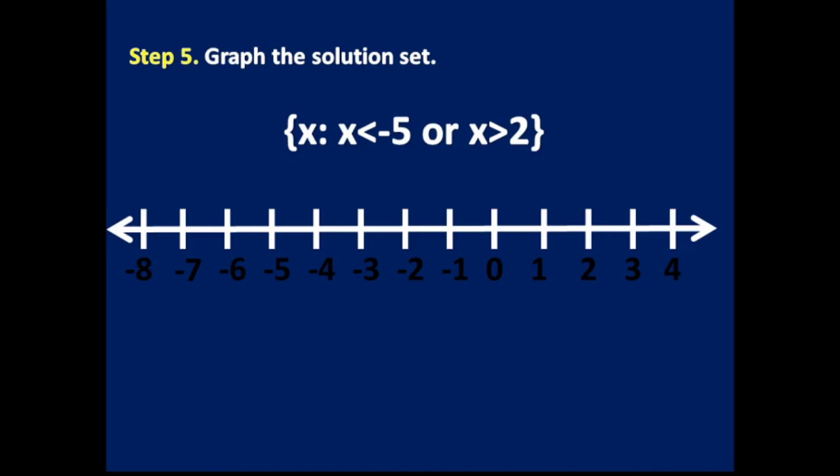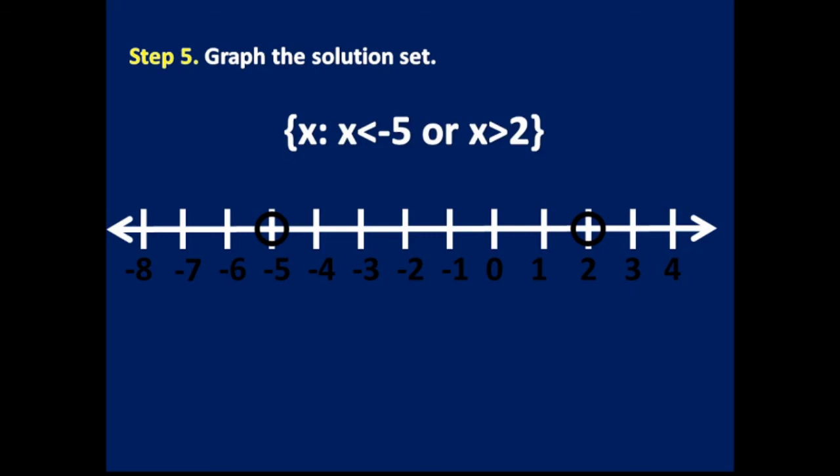Plot the points corresponding to negative 5 and 2 on the number line. Since the indicated symbols in the inequalities are less than and greater than, use hollow circles. So for the interval x is less than negative 5, the values of x are less than negative 5.